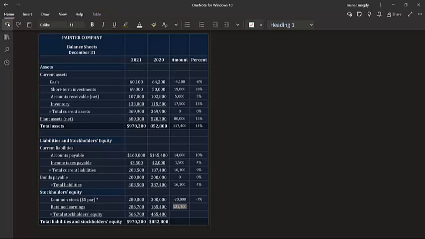And the retained earnings increased from 156,400 to 208,700, so the total amount increased equals 121,300, and the total increase equals 73%. And lastly, the total stockholders' equity increased also, so the total amount increased by 117,400.